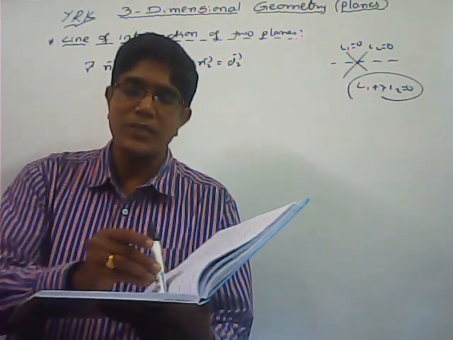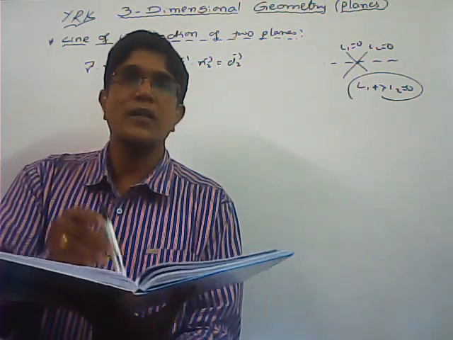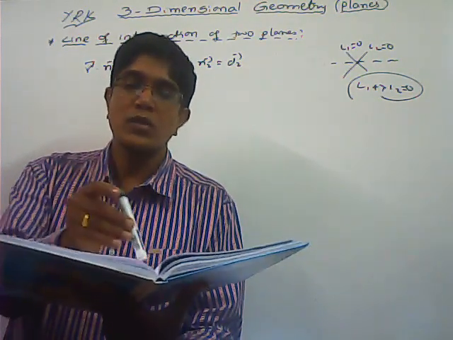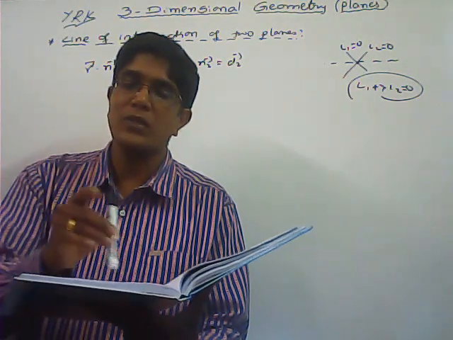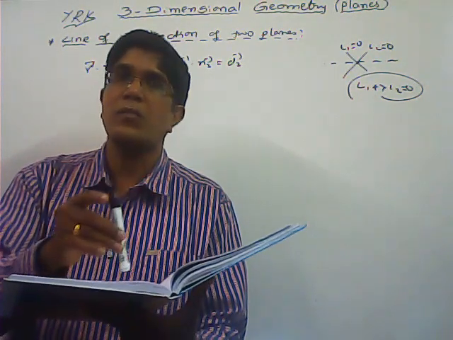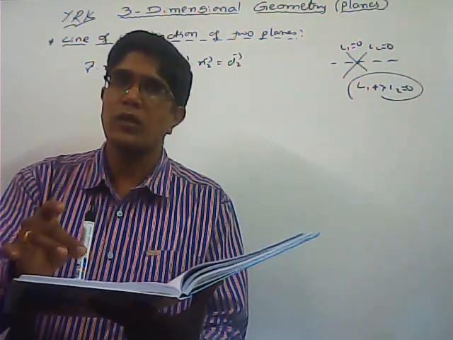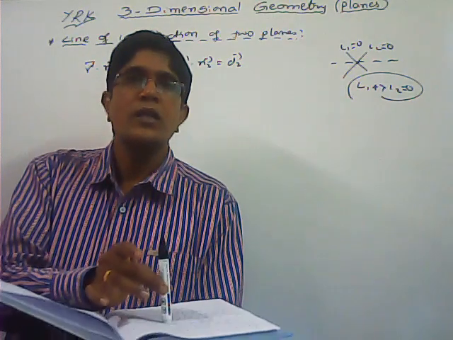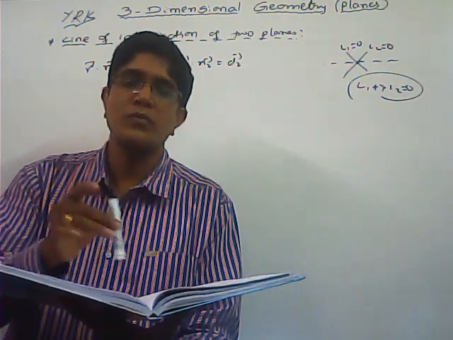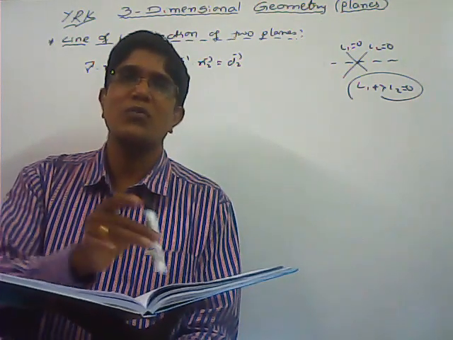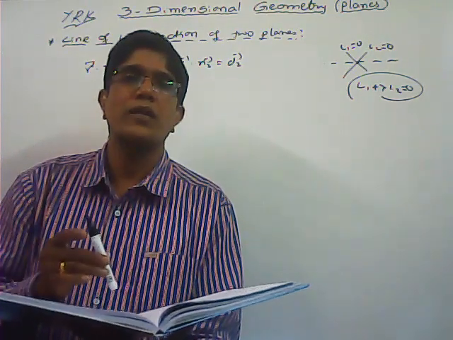Now this line of intersection lies on the first plane, and it lies on the second plane also. So the line of intersection is perpendicular to n1 bar, because it lies on the first plane; it is the common line. So it is perpendicular to n1 bar and to n2 bar also. So the direction of that line is perpendicular to both n1 bar and n2 bar.